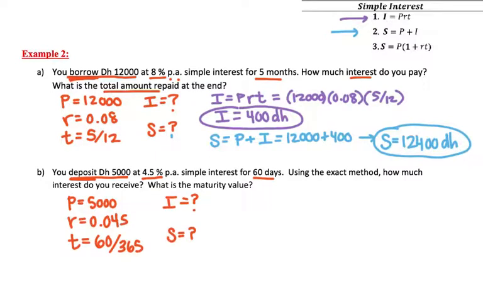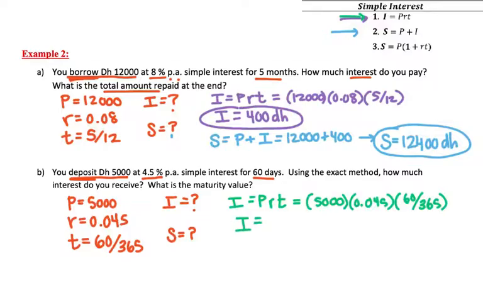So we'll use these same two equations. We'll use I equals PRT. We'll plug in these numbers, 5,000 times 0.045 times 60 over 365, and we will get the interest earned, rounding to 2 decimal places always for money, is 36.99 dirhams.